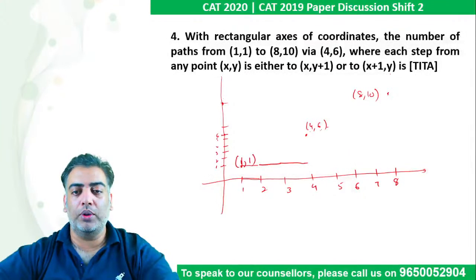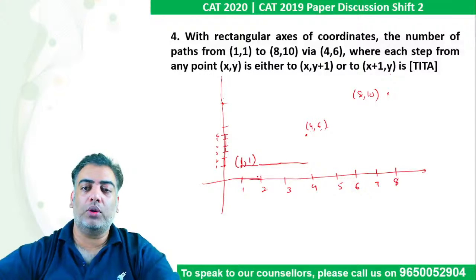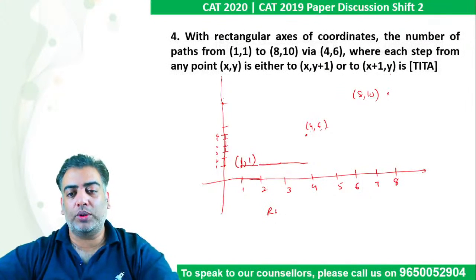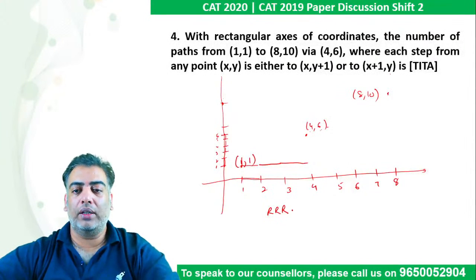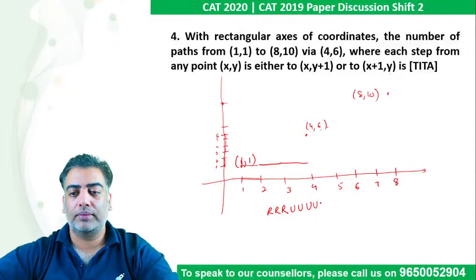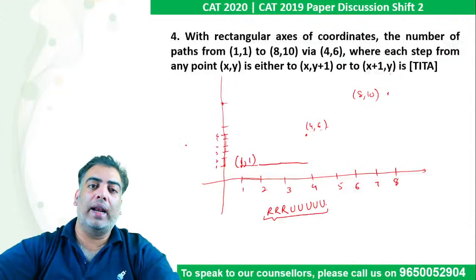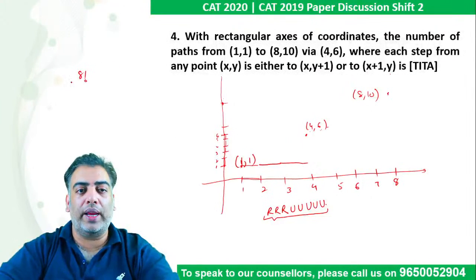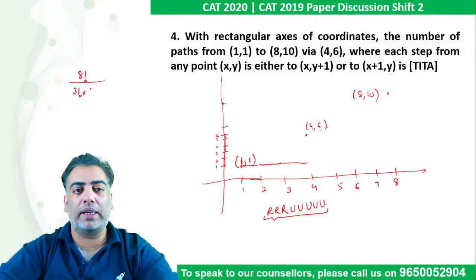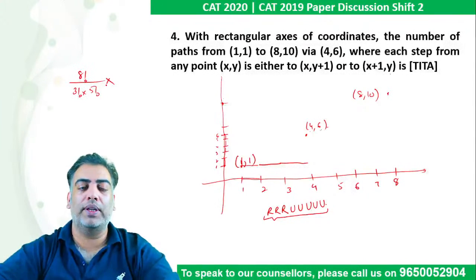And upward we will move 1, 2, 3, 4, 5. So it comes out to be 3 steps to the right and 5 steps upward. So we just need to arrange these 8 steps and they can be arranged in a total of 8 factorial upon 3 factorial into 5 factorial ways.